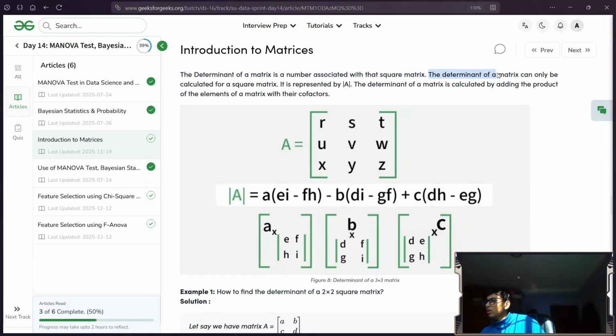The determinant of a matrix can only be calculated for a square matrix. It is represented by modulus of A. The determinant of a matrix is calculated by adding the product of the elements of a matrix with their cofactors.